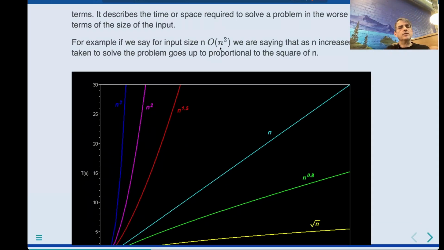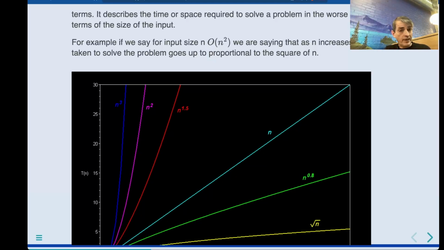What this means is the n here represents the input. We're saying n squared. So what we're saying is that the time taken to verify the solution will vary according to the square of the size of the input. Now, as you remember from that, that's going to be a polynomial, or that could be NP if we're talking about showing the time taken to verify the solution.